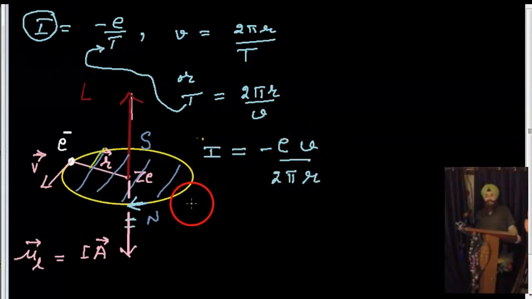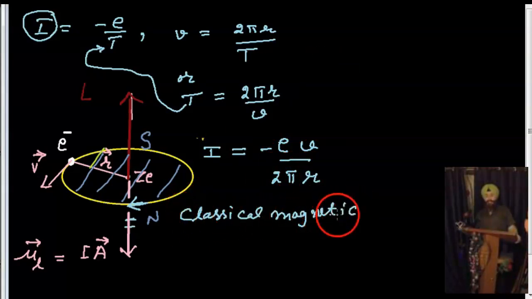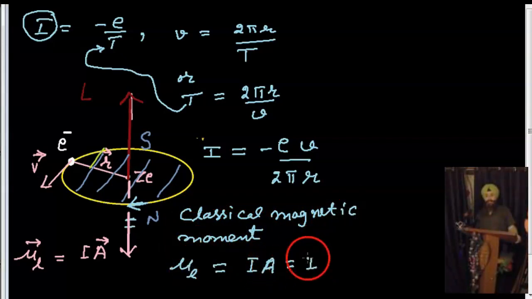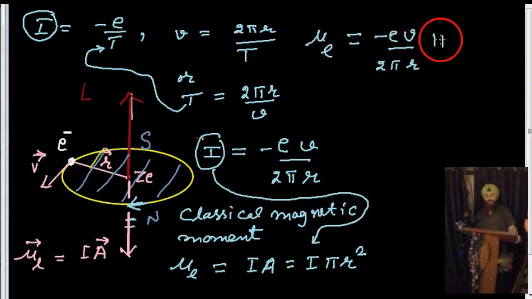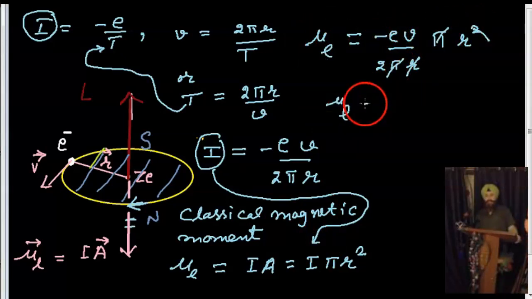So this is current. Now what is the magnitude of area? So the classical magnetic moment is current into area. Area is pi r square, substituting the value of I here. So r cancels out, pi cancels.